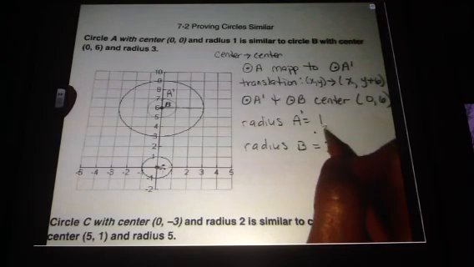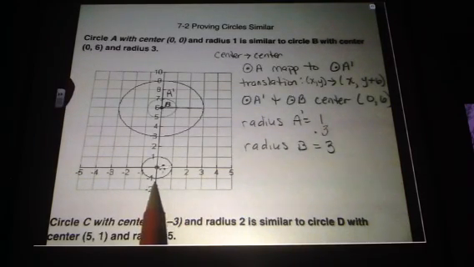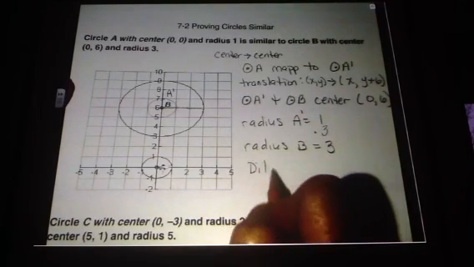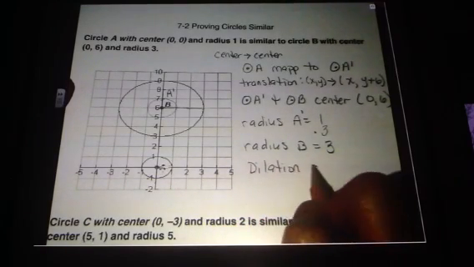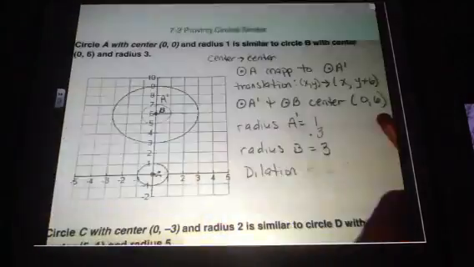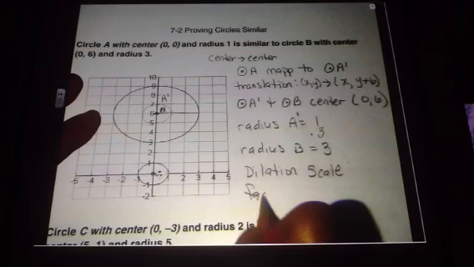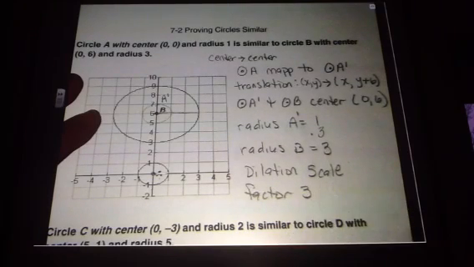So I multiplied it by 3. So how do I know these circles are similar? Because it is a dilation with a scale factor. Well, I can spell scale. It's a scale factor of 3. Okay? Let's look at another one.